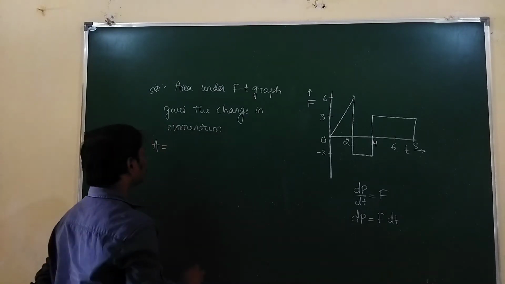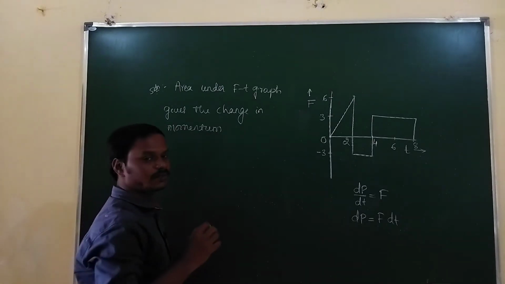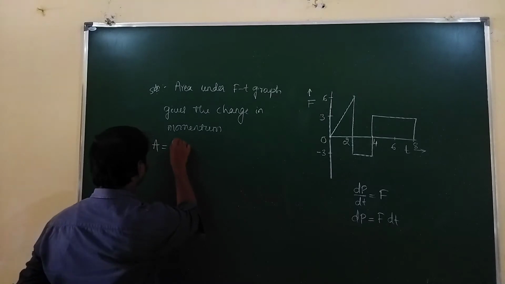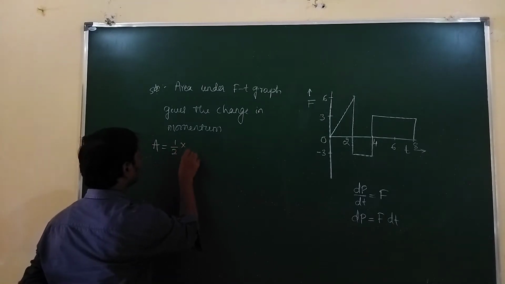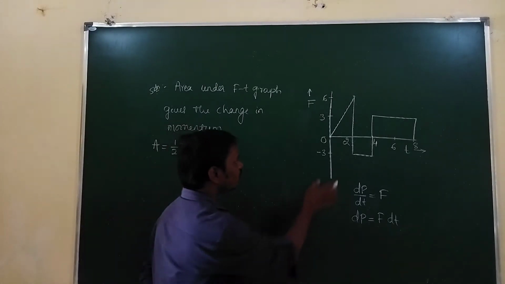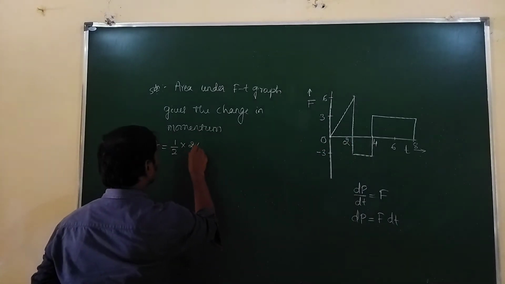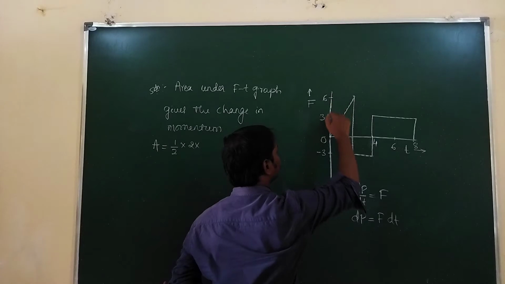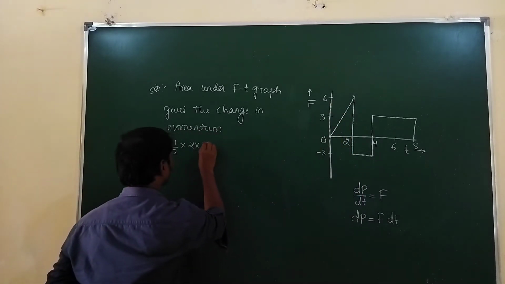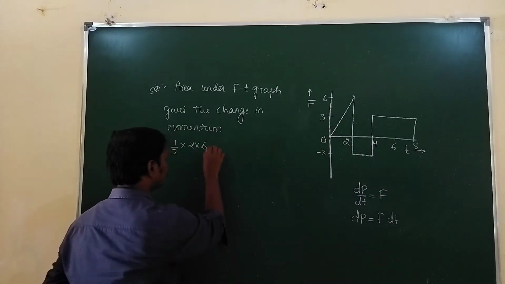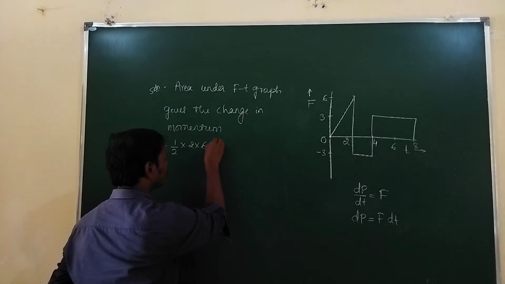Okay. Now so what is the formula for area of the right angle triangle? That is 1 by 2 base into height. Here base is 2 minus of 0, that is 2, and height is 6 minus of 0, that is 6. Plus.